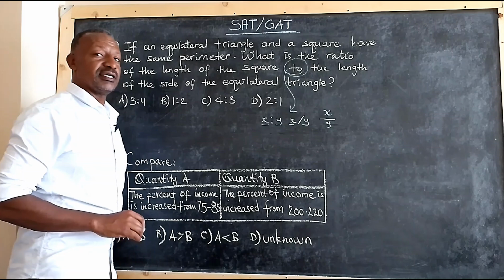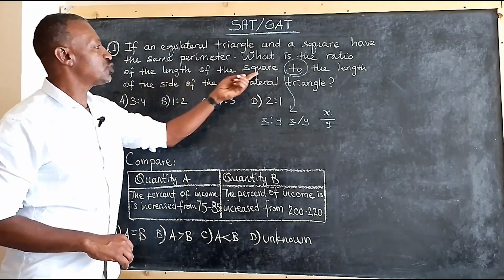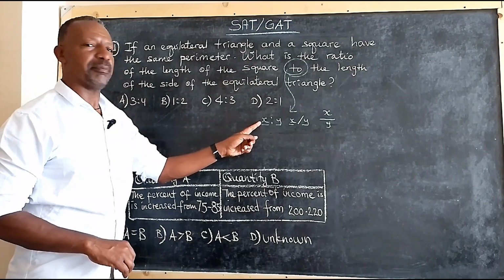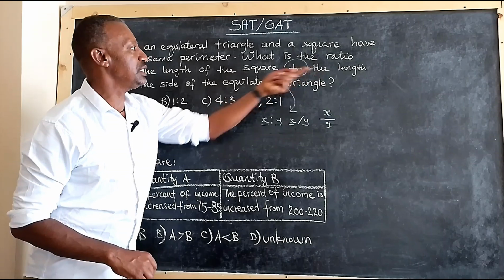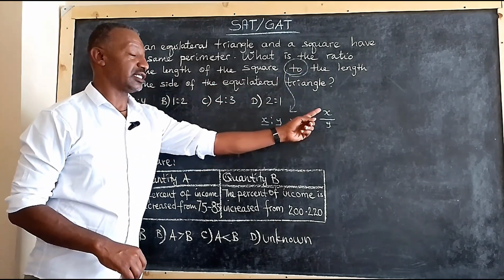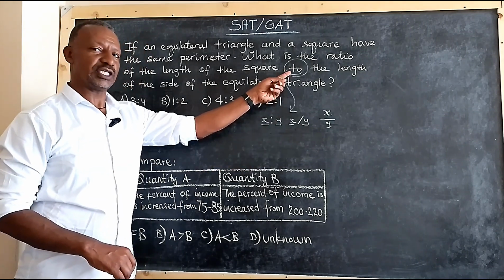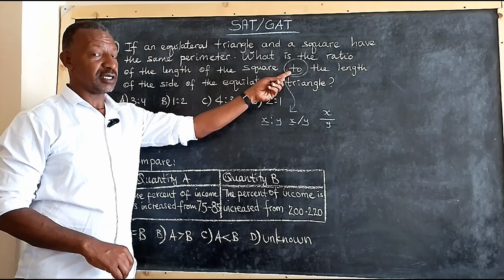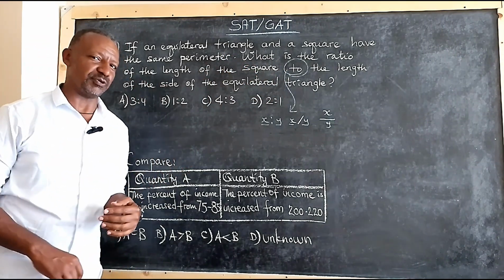It's not a simple one. Before "to," you can see the length of the side of the square. It has to be at the top, the numerator. The denominator should be after "to," which is the length of the side of the equilateral triangle. That is the meaning of this "to." It's not a simple preposition. As a matter of fact, it is a preposition, but it's not only playing the job of a preposition.